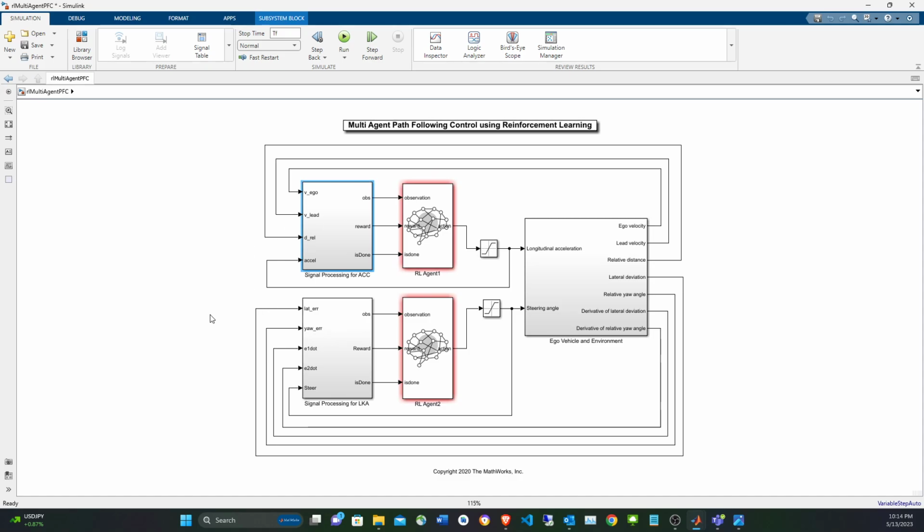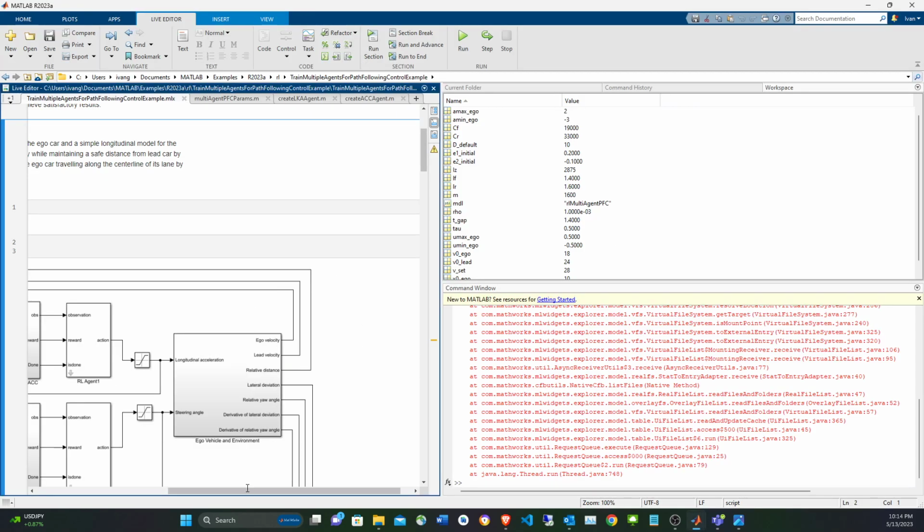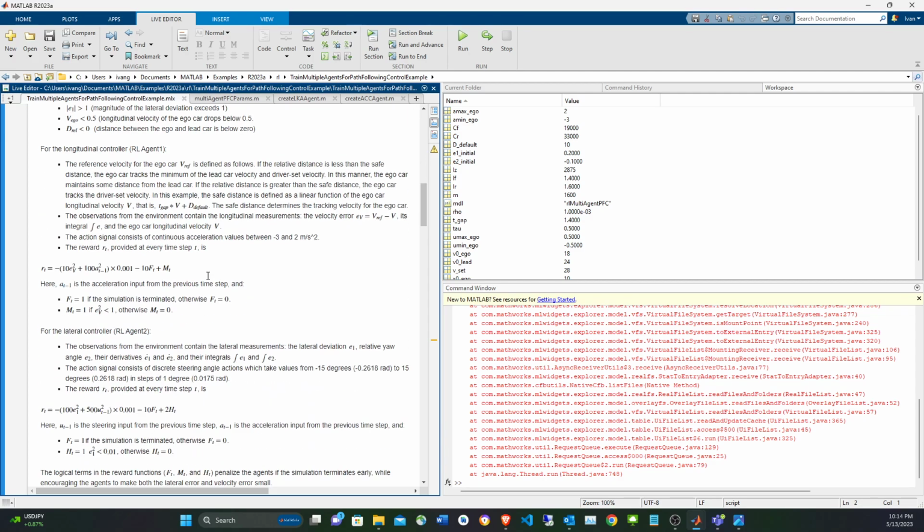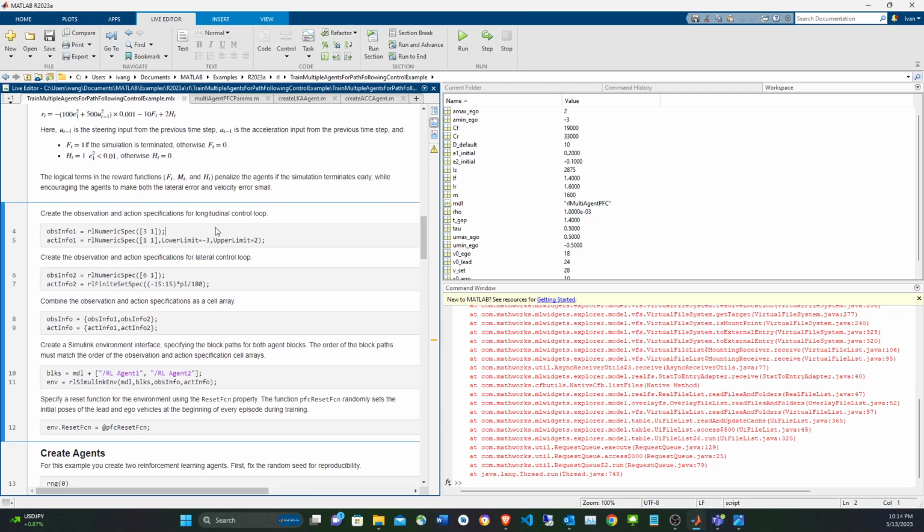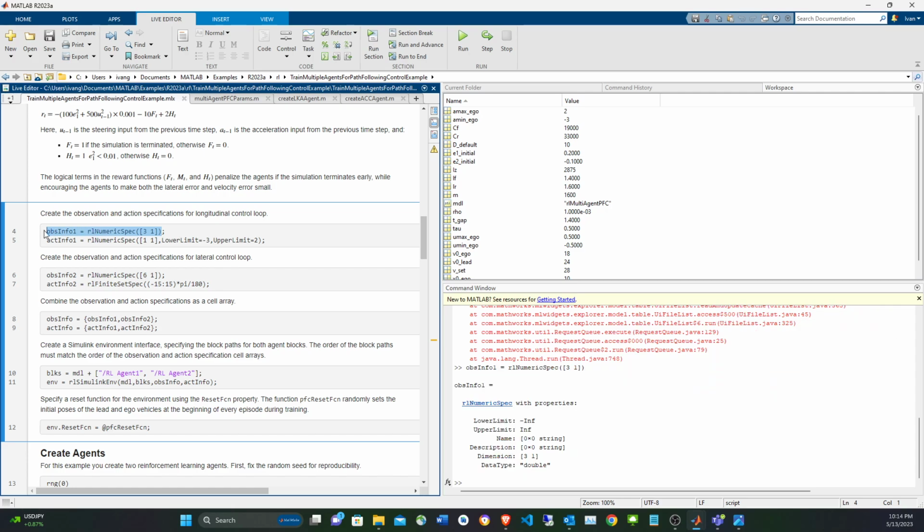So now let's create the reinforcement learning agents. Let's go back to the MATLAB session. Okay, as I mentioned, the acceleration agent is going to have 3 observation inputs, so that's why this is the size. The observations in both agents are going to be continuous, and they don't have limits, negative infinity to infinity.